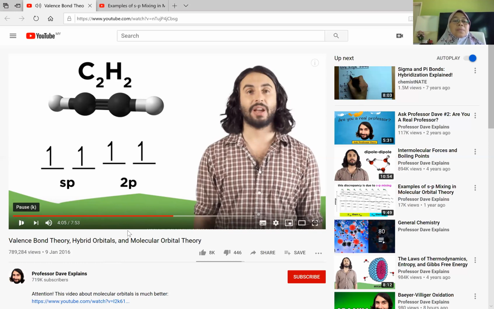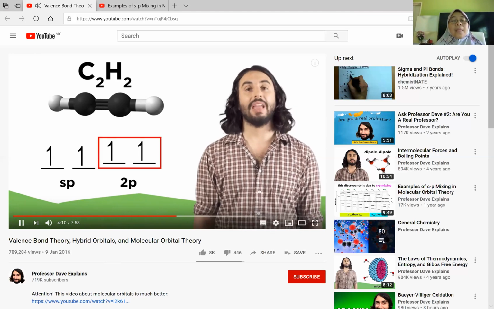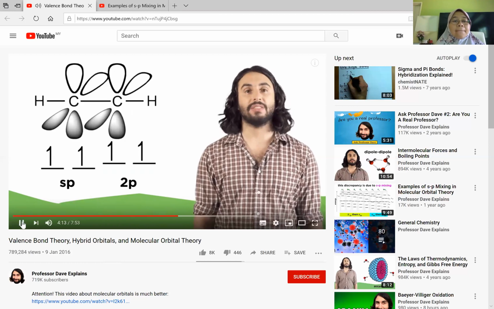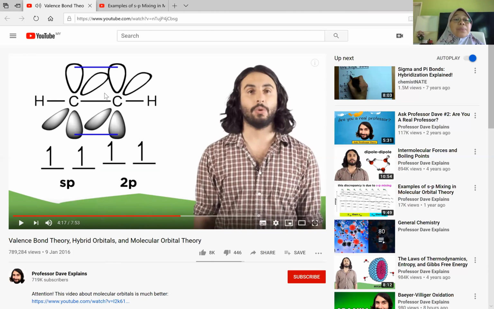They are not hybridized. That leaves 2 unhybridized p orbitals, each with 1 electron. In this case, they will generate 2 pi bonds, one from the overlap of these. This happened because now you have a triple bond. So you have 2 double bonds, okay, so you have a triple bond here.